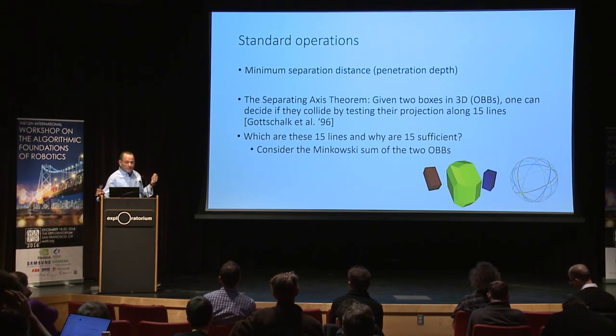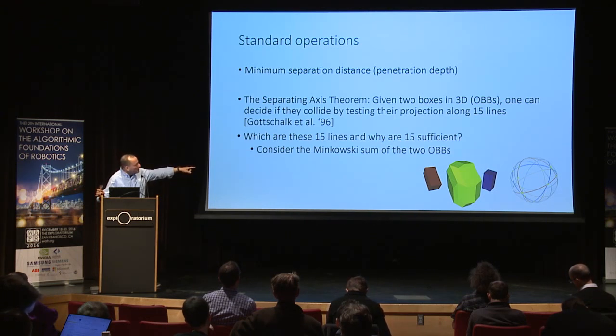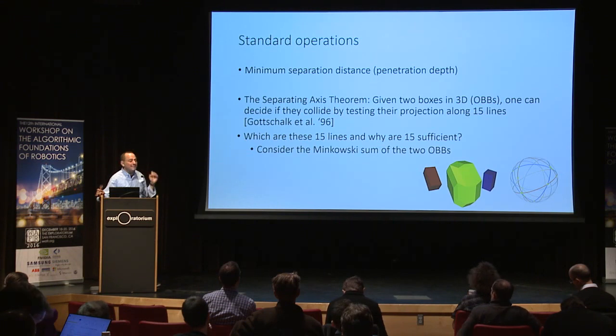They prove it in their own way, but if you want to see why only 15 lines, take 2 oriented bounding boxes, look at the Minkowski sum, or better yet, at the Gaussian map of the polytope of the Minkowski sum, and you immediately see where these 15 directions are. And it's easily generalizable to other special bounding volumes.